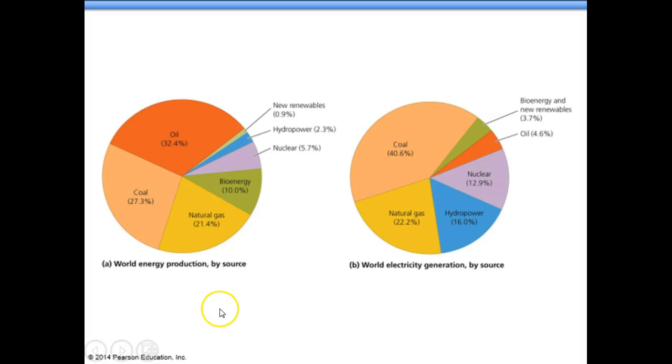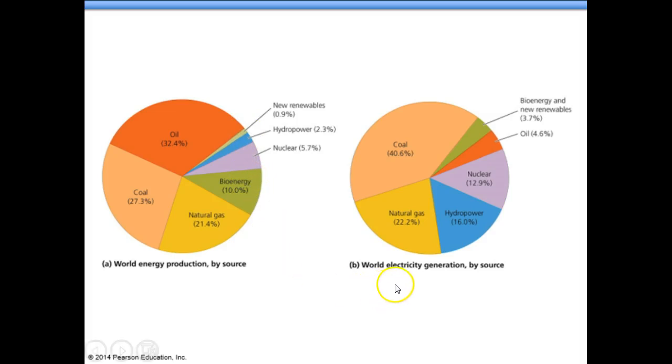Okay, so taking a look, we've got a couple of graphics here. A represents the world energy production by source. So we can see that oil makes up most of it, coal is the second, and natural gas is the third. And then here is where our bioenergy, nuclear energy, hydropower, and renewables fall. So they make up right now about a quarter of our energy production.